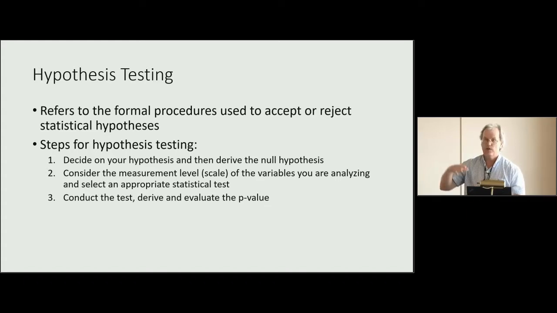And I'm going to give you some recommendations on which types of tests to use under different conditions, right? You conduct the test, you derive, and you evaluate the p-value. And evaluating the p-value is somewhat of a controversial thing, right? And I'm going to talk about that.